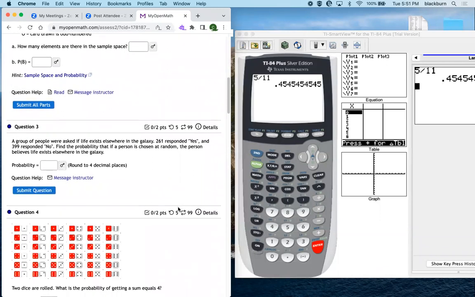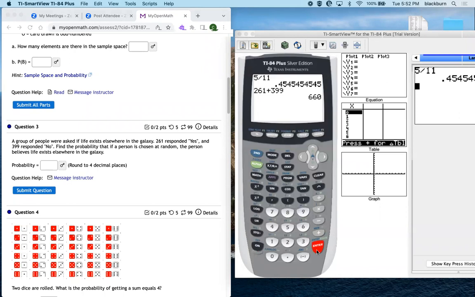Let's take a look at 3. A group of people were asked if life exists elsewhere in the galaxy. 261 responded yes, and 399 responded no. Find the probability that if a person is chosen at random, the person believes life exists elsewhere in the galaxy. The first thing we should do is find out how many people responded to this survey: 261 and 399, so 660 total people.